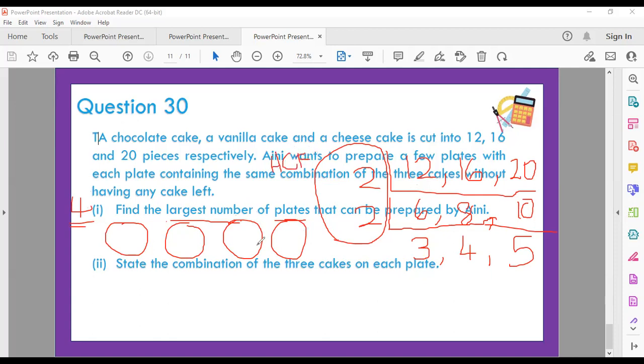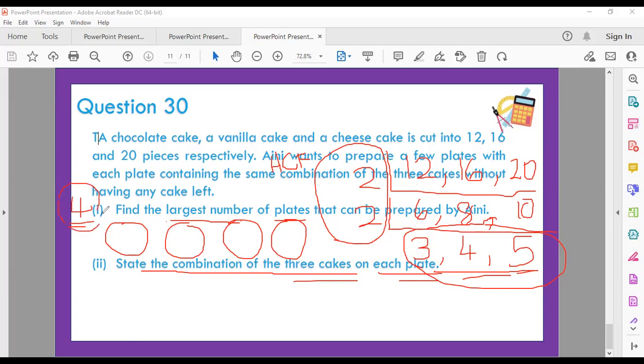Okay, you'll have 4 plates. Now, with those 4 plates, state the combination of the 3 cakes on each plate. Your combination is right here. Now, if you still don't understand, I will explain.